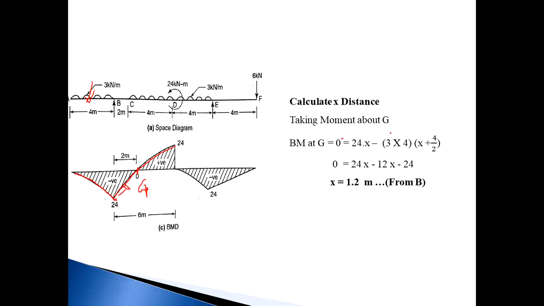Sorry, this is a 2 meter. By simplifying this equation, 24x minus 12x minus 24. So 24x minus 12x is 12x, and minus 24 on this side. When you take it to the other side it is plus 24. So 24 divided by 12 is 2 meter. So this is 2 meter from point B.